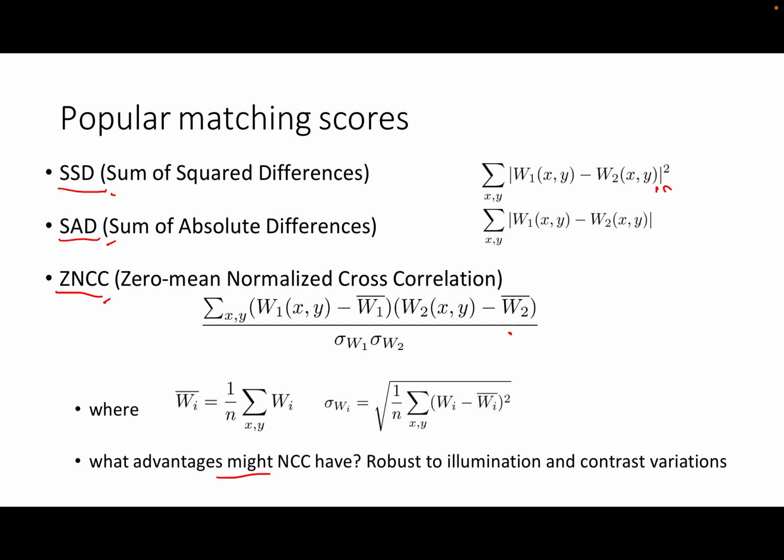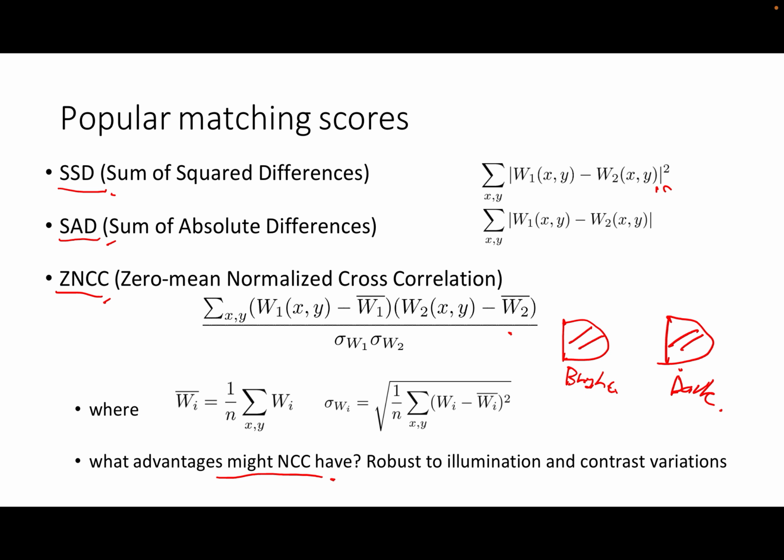The advantage of ZNCC is that it is robust to illumination and contrast variations. Let's say we have two local patches, and this one is very bright, and they have the same pattern, but very dark.